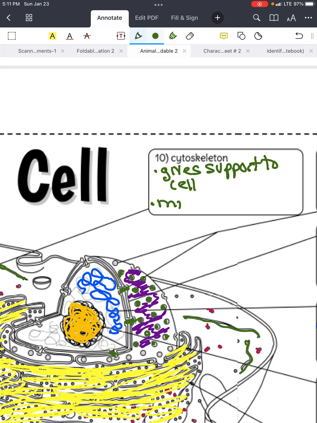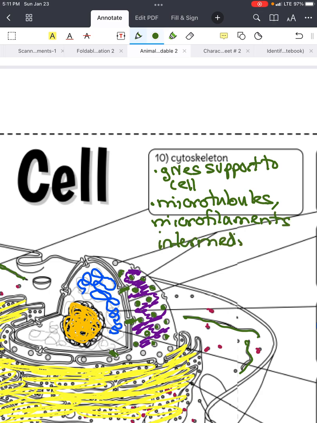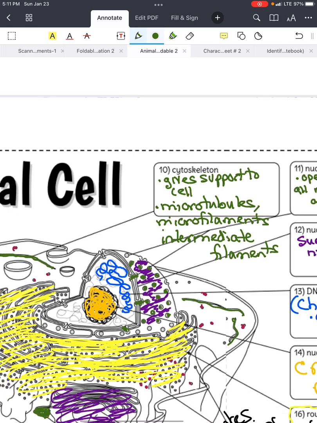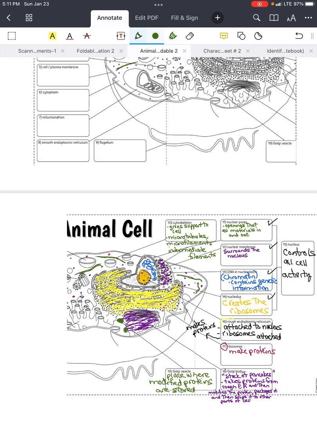We have the microtubules, microfilaments, and intermediate filaments. Okay. So I think that takes us through our animal cell.